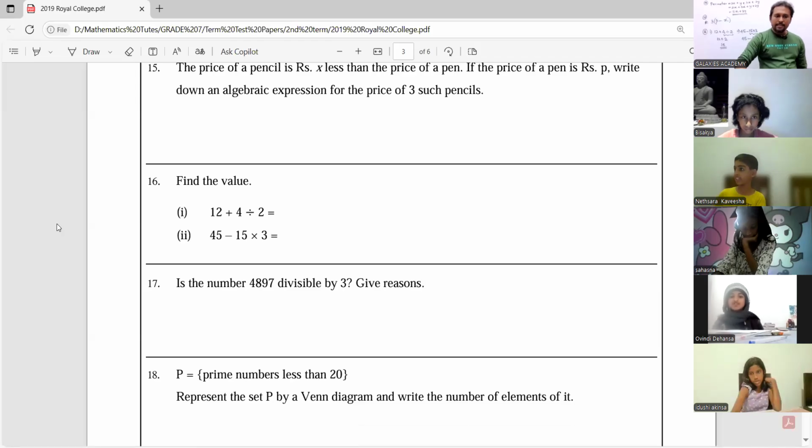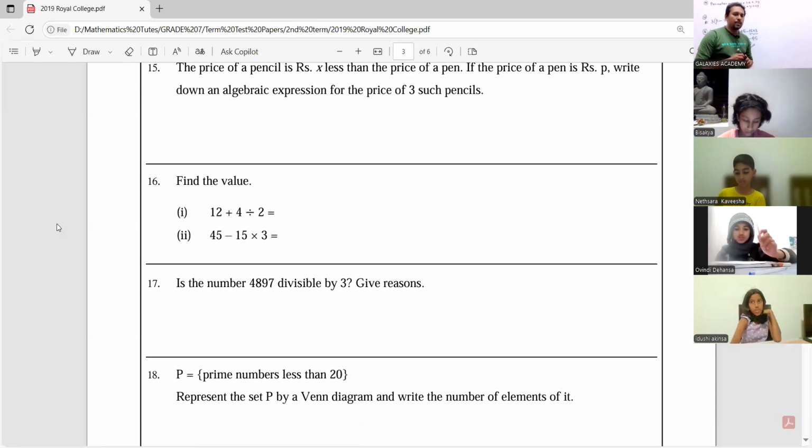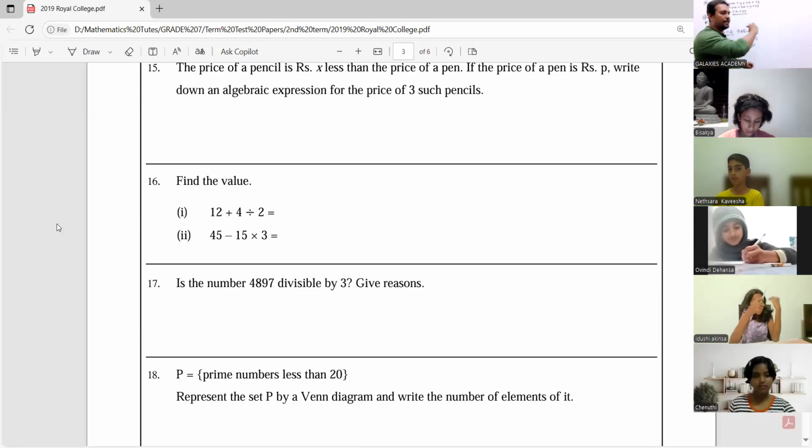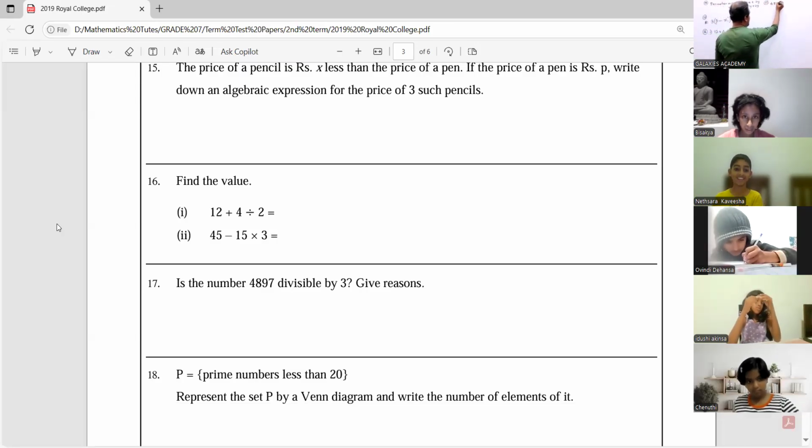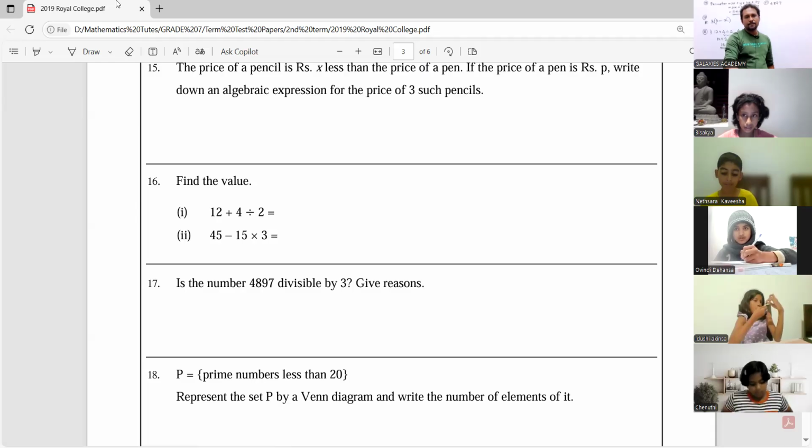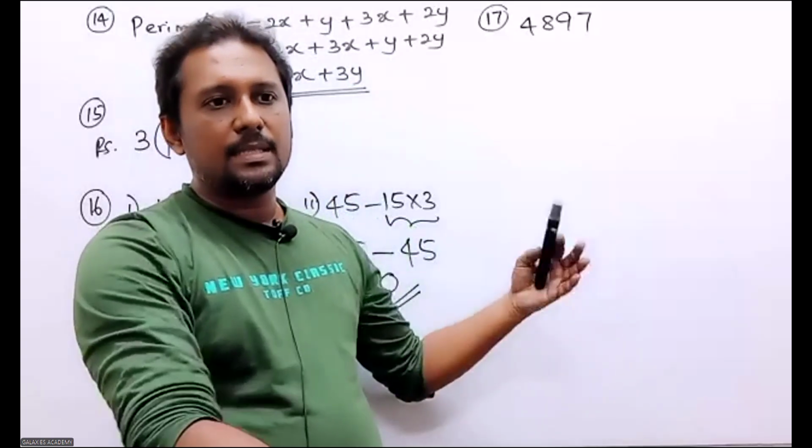The 17th question: the number 4897 is divisible by 3. Give reasons. How can you determine that the number is divisible by 3?